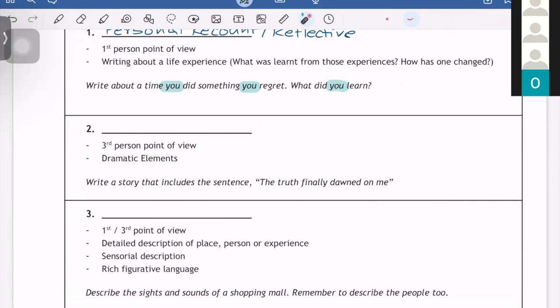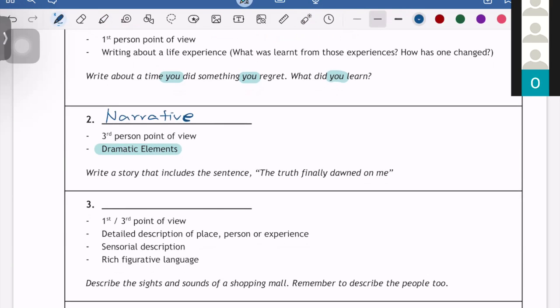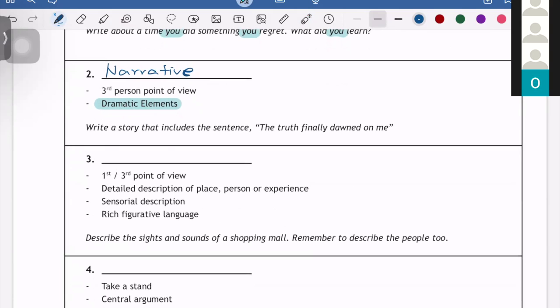Does anyone know what this essay type is? Important detail is the dramatic elements. This is your narrative. So it is your storytelling type.